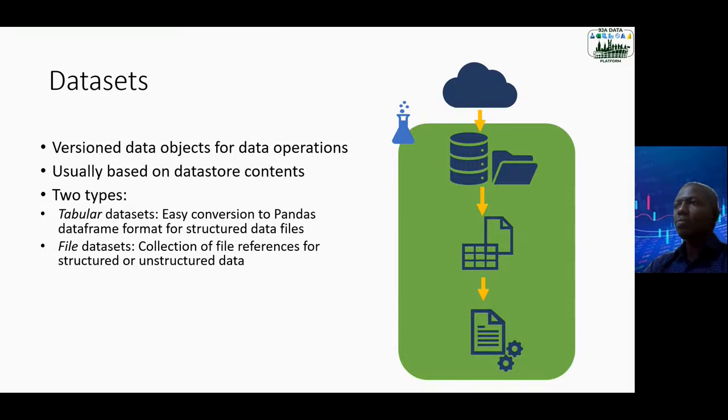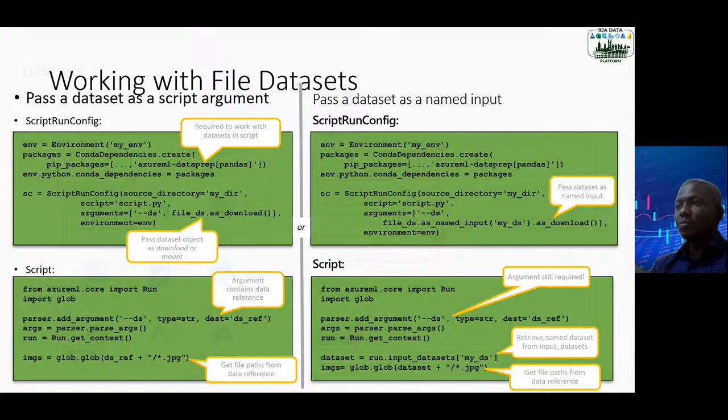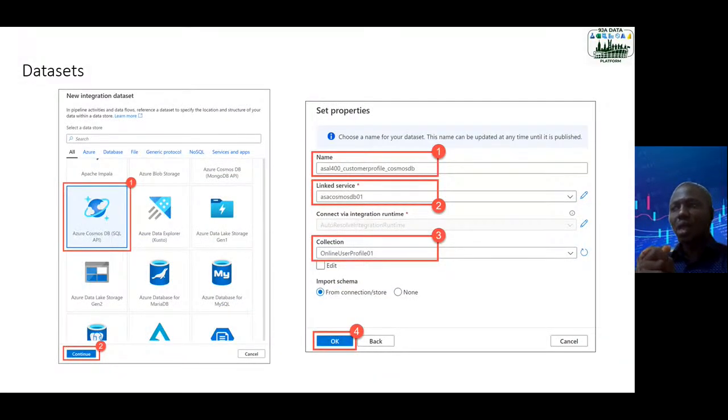Now, here is an example of how you can work with our data sets: an argument as a named input. Now, our data set again, we can also get that from the Cosmos DB. The Cosmos DB is also for unstructured data and social media data. So in Azure, there are configurations that can help us to take advantage of all this.